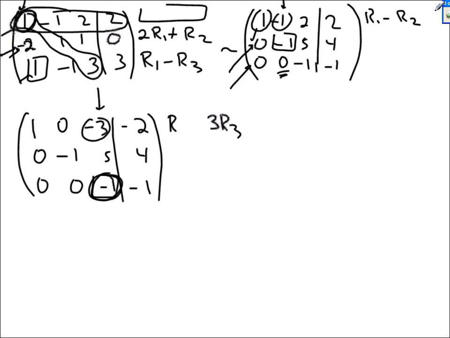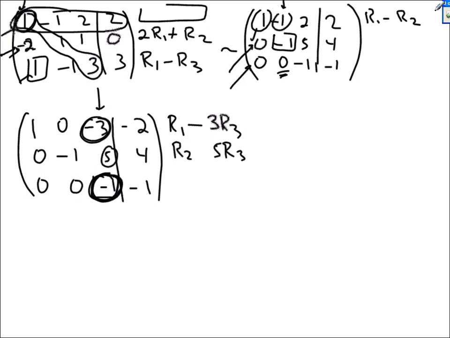If you don't do anything to row 1, this is a negative 3. If they're both negative 3, subtract, you'll get 0. Now what do we do to row number 2? I have 5 and 1. The least common multiple will be 5. If you don't do anything to row 2, you have 5. I don't care about signs yet. And if you multiply row 3 by 5, you'll get a 5.